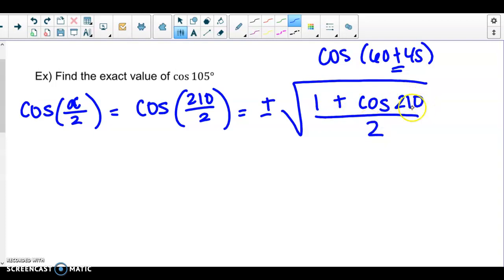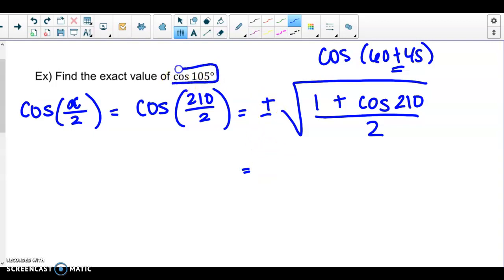Notice I didn't put 105 here because I can't find the cosine of 105. The purpose of the formula is to give you access to finding the cosine of 105 using the doubled angle of 210. So the first thing I need to determine is, is it plus or minus?